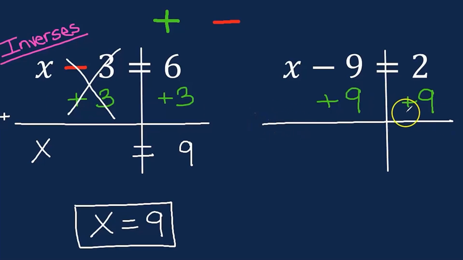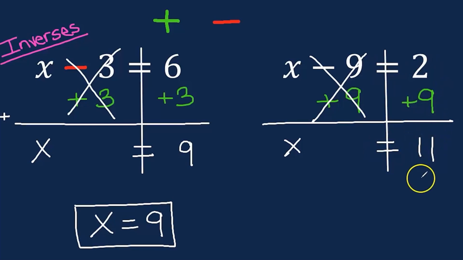Now we're ready to set up our addition. X plus nothing is x. -9 and +9 cancel each other out and turn to 0. The equal sign always stays right here, and 2 plus 9 is 11. So x equals 11.